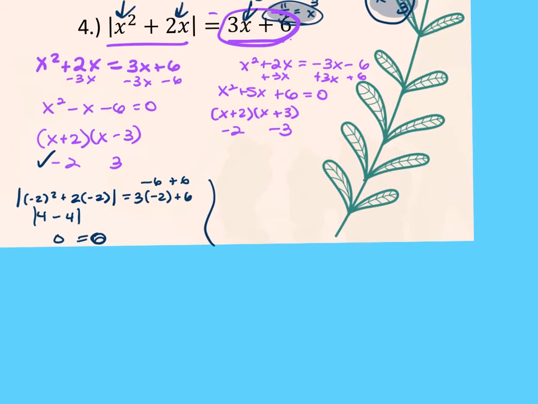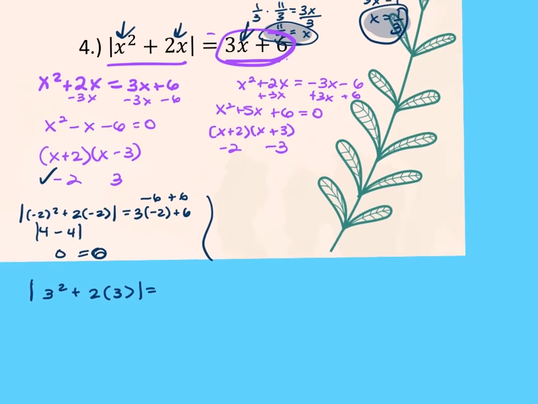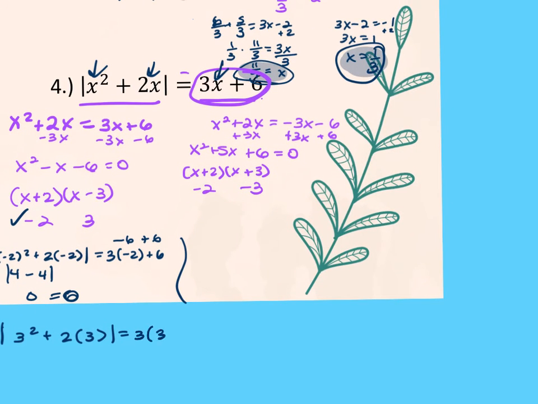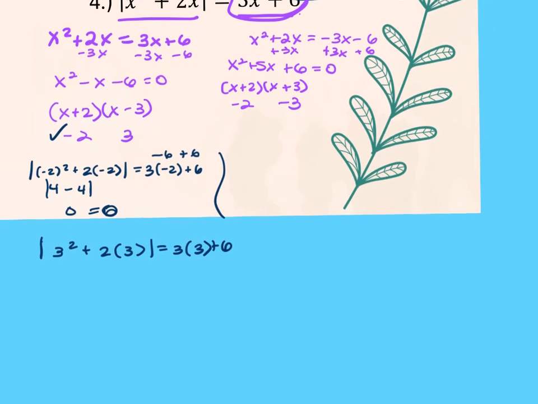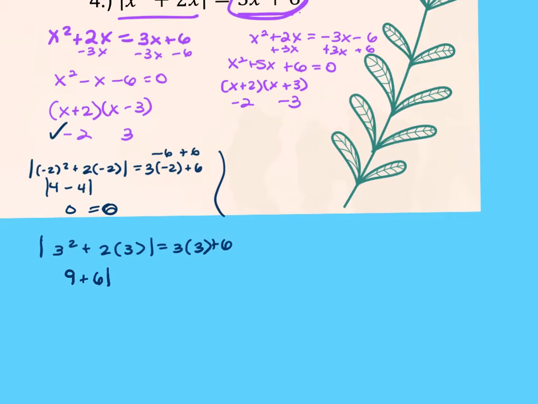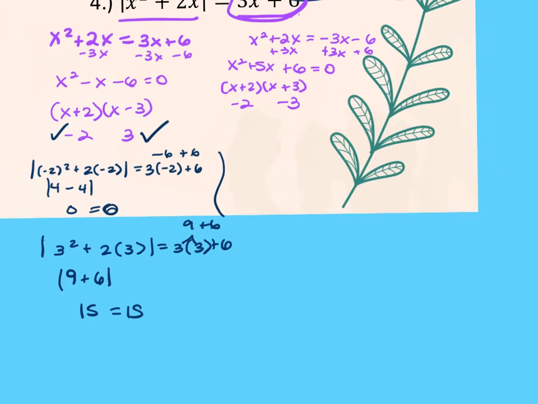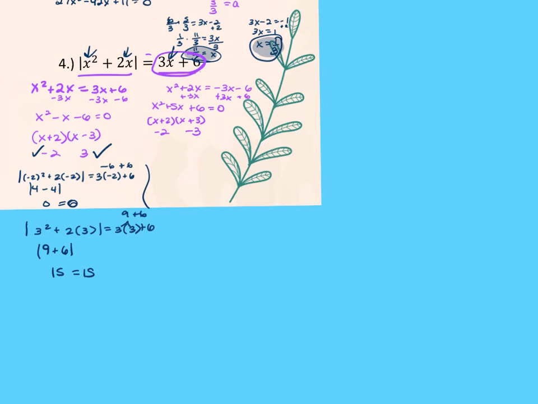Plug in positive 3. Nine plus 6 in absolute value is 15. This is 9 plus 6, that's also 15. That one works. The other negative 2 we already checked.